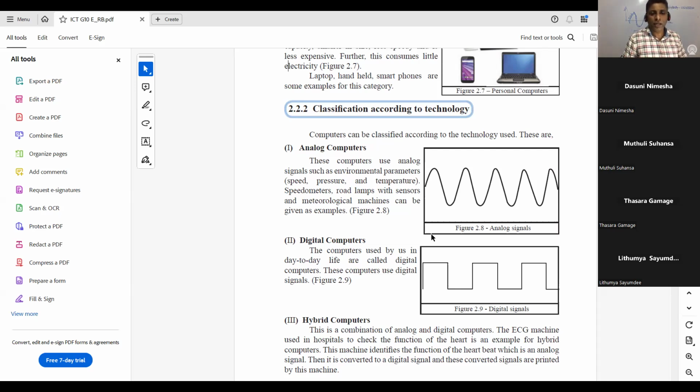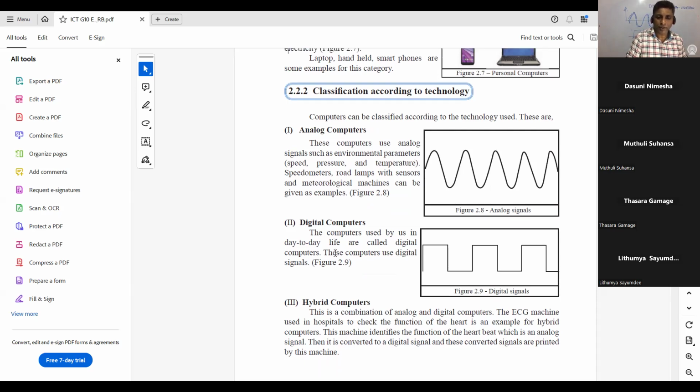So meteorological machines are examples of analog computers. Speedometers, road lamps with sensors, right? Those are analog, actually, the technology they use. So they convert analog signals, right?